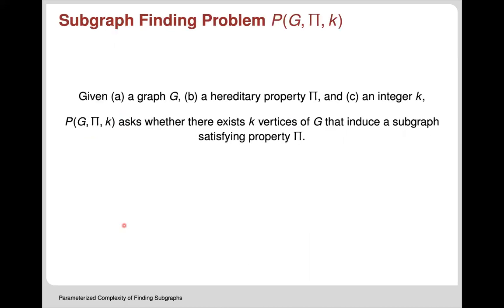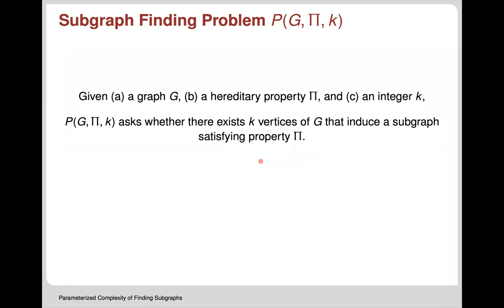Then what is the main problem? We call this the subgraph finding problem. We have a graph G, a hereditary property pi, and an integer k. The problem P of G, pi, k asks whether there exist k vertices of G such that the induced subgraph on them satisfies property pi.